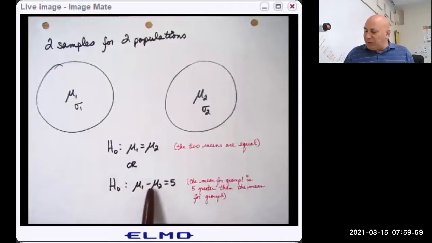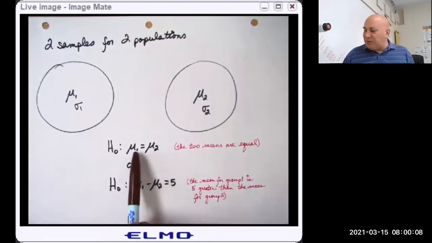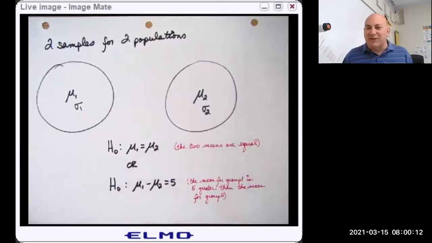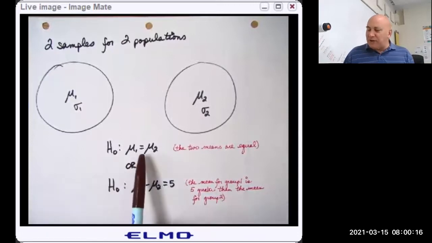And if we see mu1 minus mu2 equals a different constant, like in this case 5, we can't say mu1 equals, I guess we could say mu2 plus 5, but that's not very helpful. We want it written like this. So if they're equal, I encourage you to write your hypothesis like this. If they're not equal, or if we're doing matched pairs, you can write it this way.